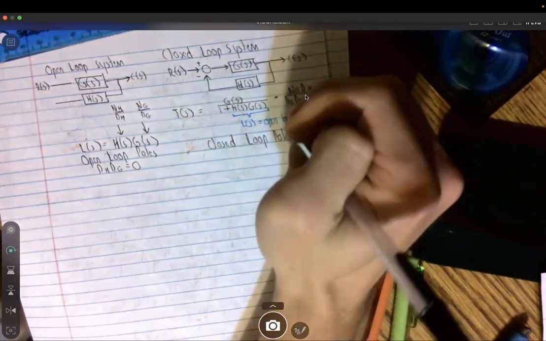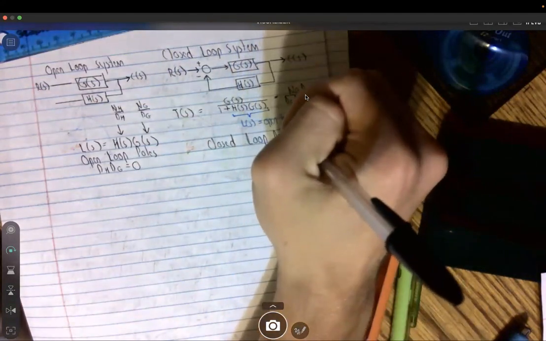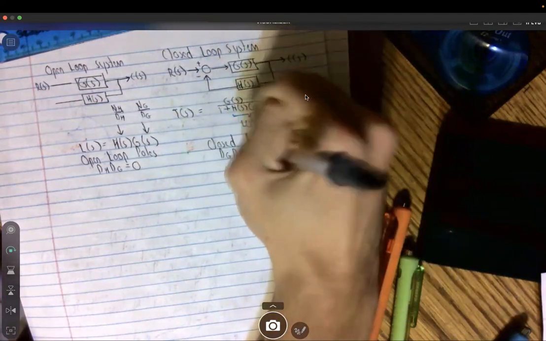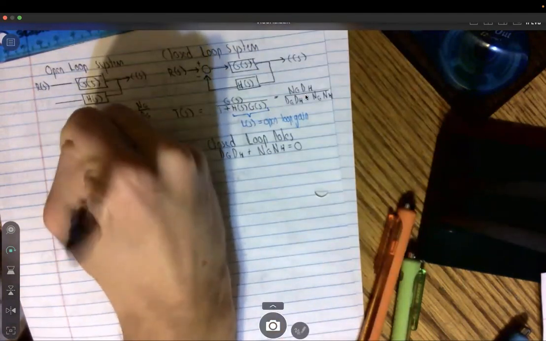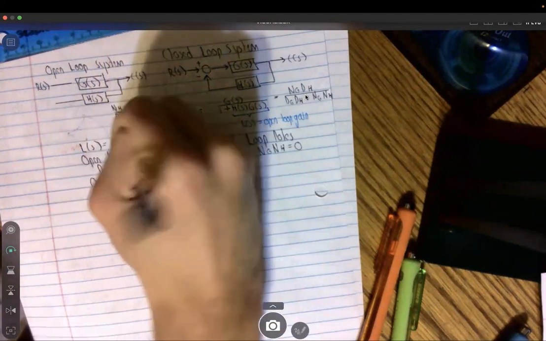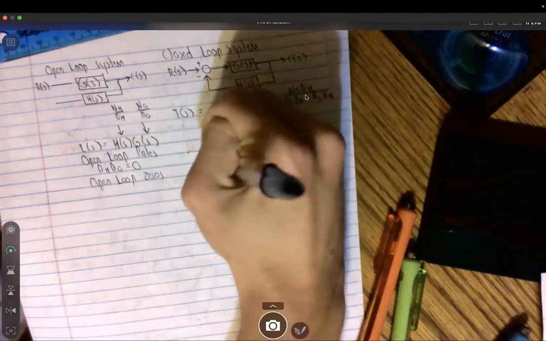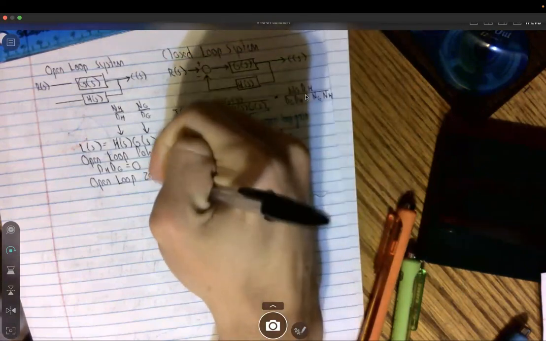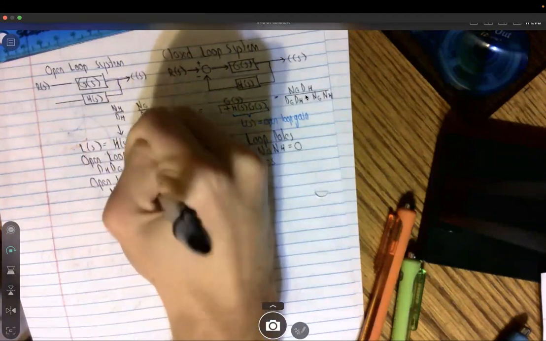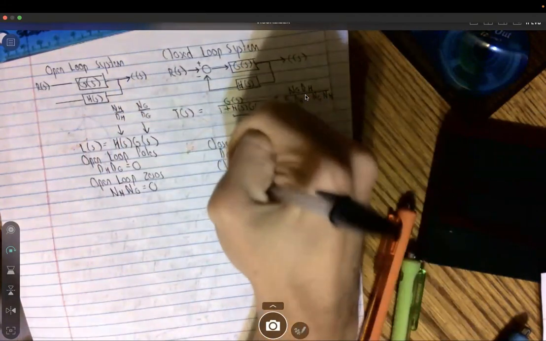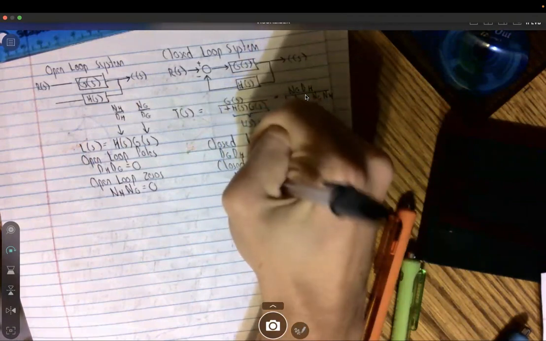So your closed loop poles are when D of G D of H plus N of G N of H is equal to 0. But for your open loop zeros and closed loop zeros, you're going to see that your open loop zeros are when N of H N of G is equal to 0. And your closed loop zeros are when N of G D of H is equal to 0.